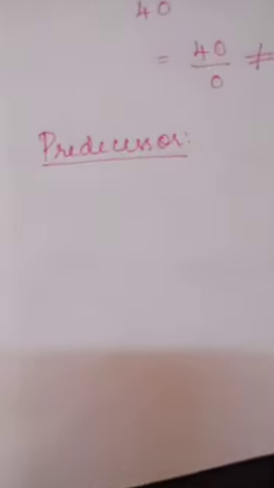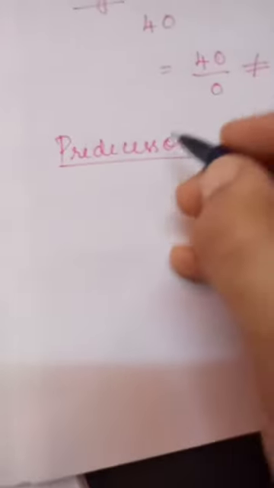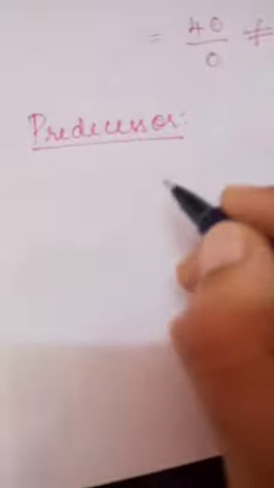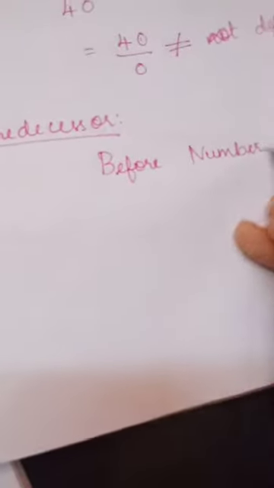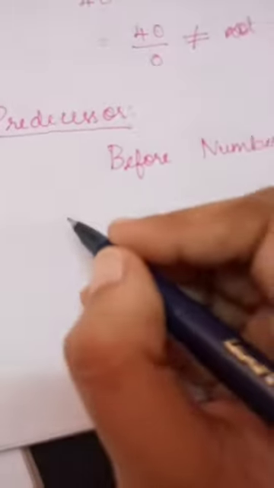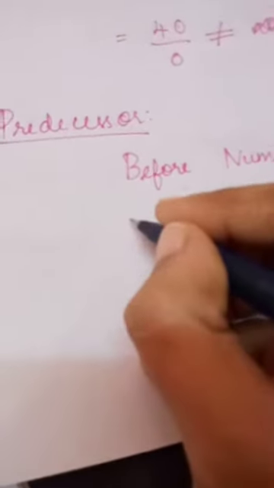Next property is the predecessor, which is one of the important things in the whole numbers chapter, because when we want to find the previous number, the number before, we will use the predecessor. To find the predecessor, we subtract 1 from that particular number.